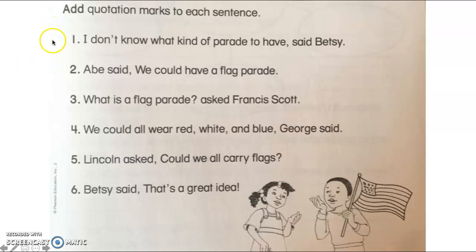So what I want you to do is simply read the sentences out loud, and then point on the screen where you think the quotation marks are going to start and end for each sentence. So read this first one out loud. I don't know what kind of parade to have, said Betsy. Okay, point to where the quotation mark should go on that sentence.